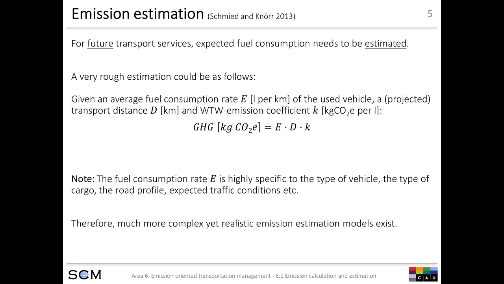For this reason, coming up with an appropriate value for E is not trivial. There exists various complex yet realistic emission estimation models that take these factors into account and try to compute E. For the sake of simplicity, we do not go into details with such more complex models.